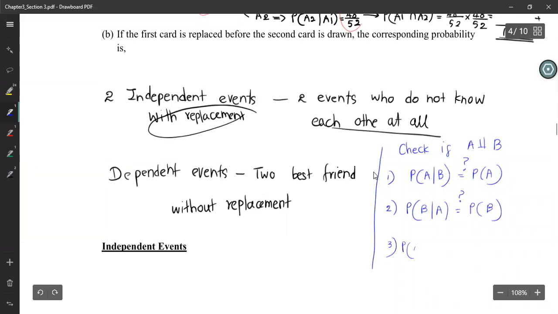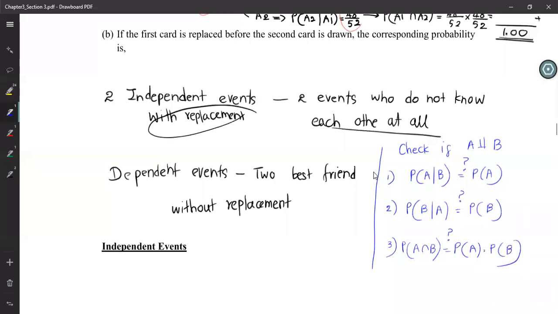Or else you can check that red star equation. You can check whether this equation is true. If so, A and B are independent. That means you find A intersection B, you find PA separately, you find PB separately, multiply them together and check whether the left-hand side and right-hand side are equal or not. If that is true, A and B are independent.